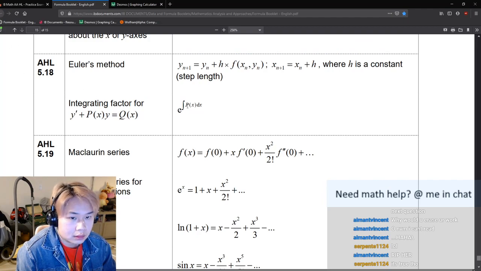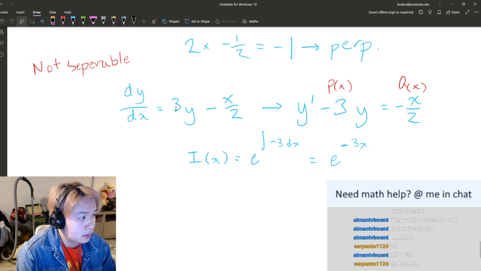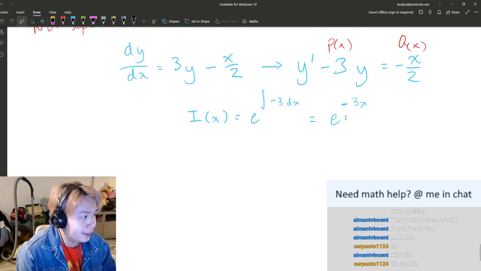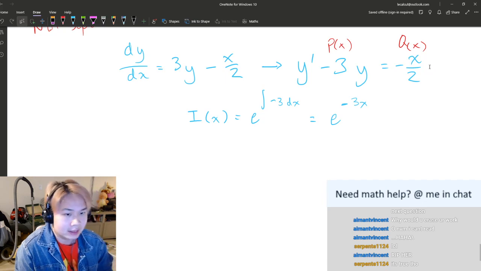So according to this, we just take the integral of p of x, and that's e to the power of whatever, so here it is. And then I never remember how this works. I know you take this and multiply it to both sides.